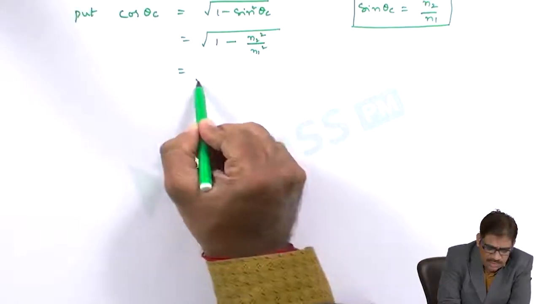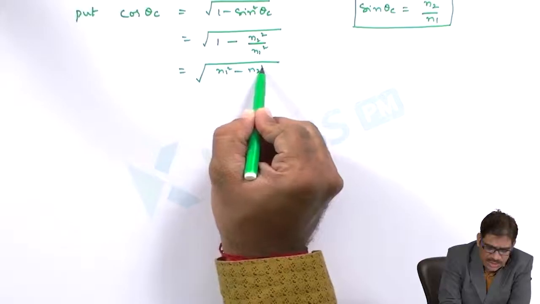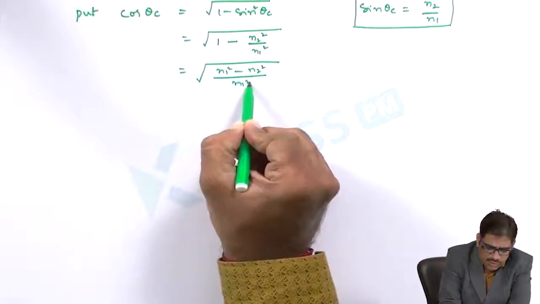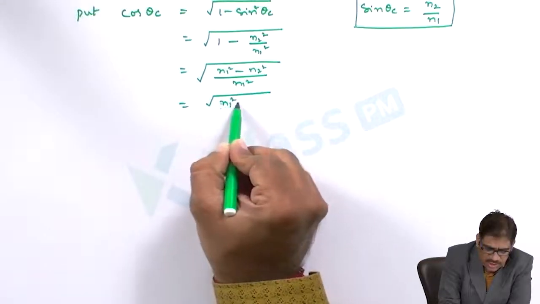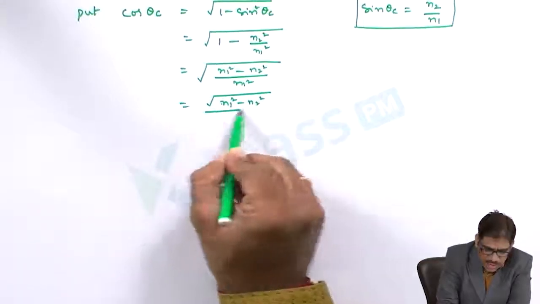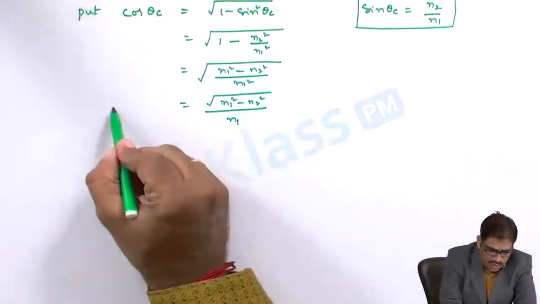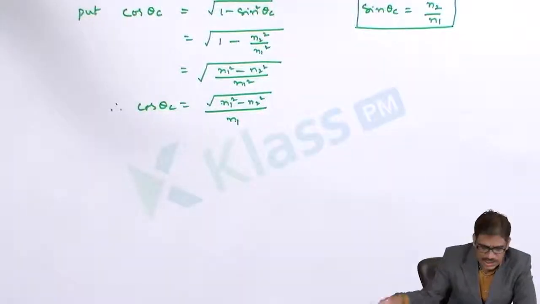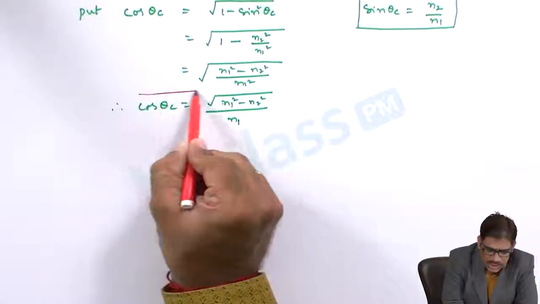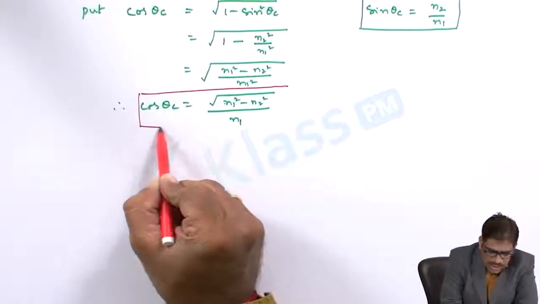So we can rewrite this one as root of n1 square minus n2 square by n1 square, and the root gets cancelled. So this becomes n1. Therefore cos theta c is root of n1 square minus n2 square by n1.